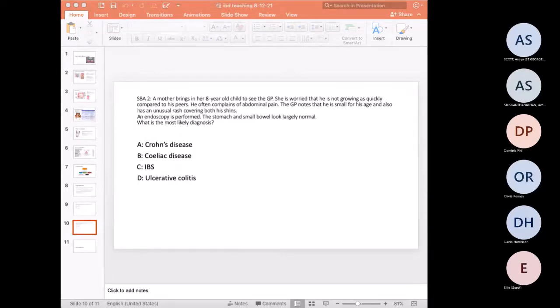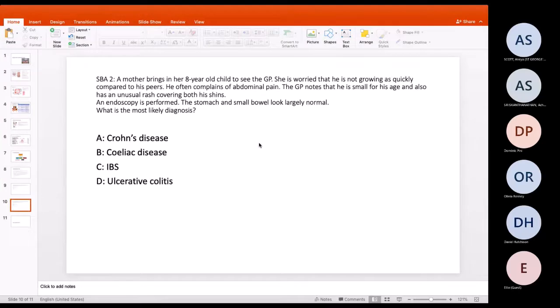Oh, okay, yes, I can see some D's and some B's. Okay, so what I was actually going for here was B. This sounds more like a celiac kind of picture. But the reason I included this question is because it would be quite interesting to differentiate between this being celiac or this being Crohn's disease.